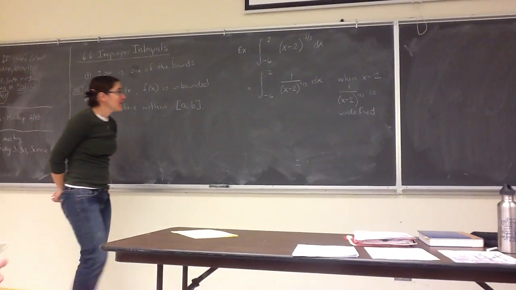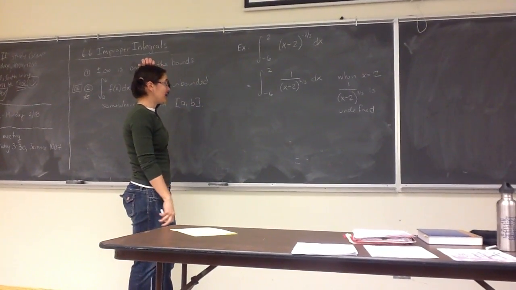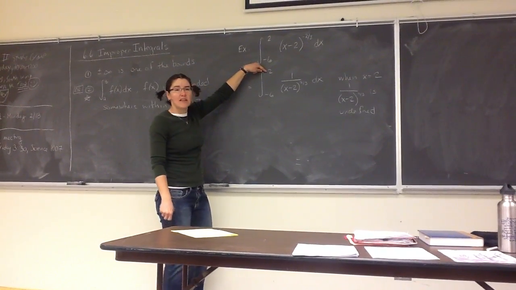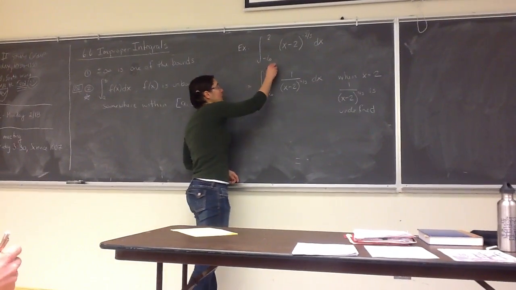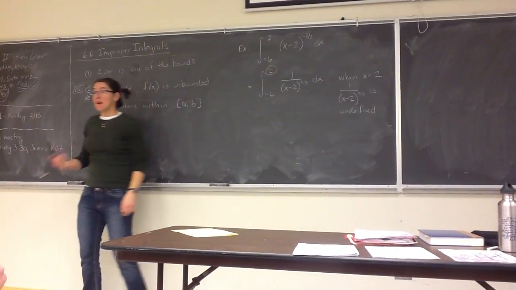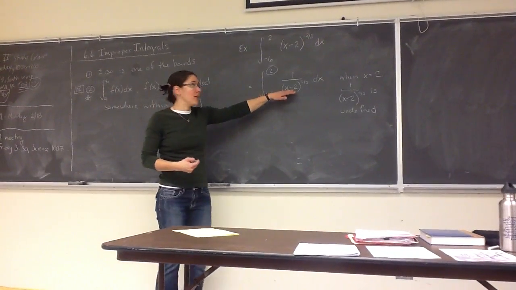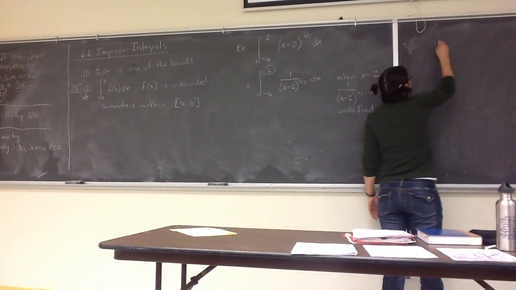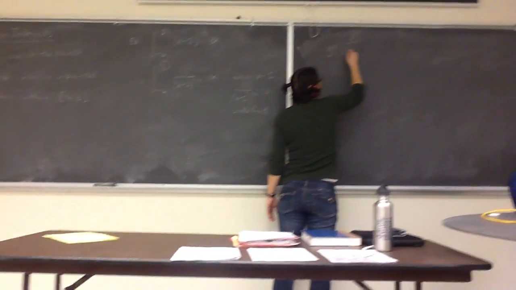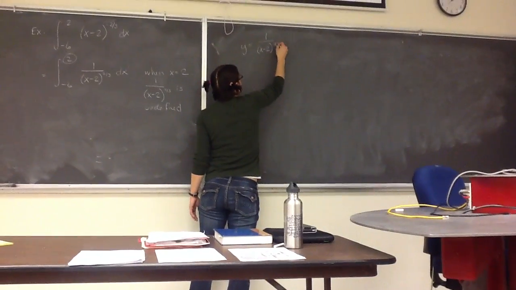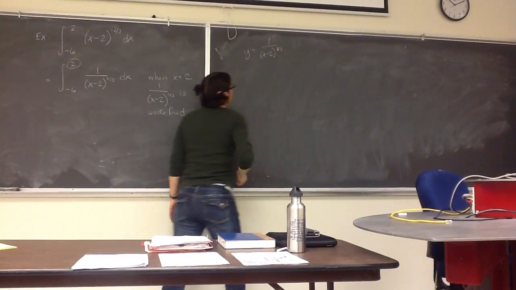All right, so I've got this integral, and so now I'm looking at this, and my top boundary is the one that's a problem. So I'm going to circle that one and say, okay, that's our bummer, and I might even go ahead and graph this function in my calculator. And if I do graph this function in my calculator, here's what it looks like. Y equals 1 over x minus 2 raised to the 2/3, and you should check this on your own.